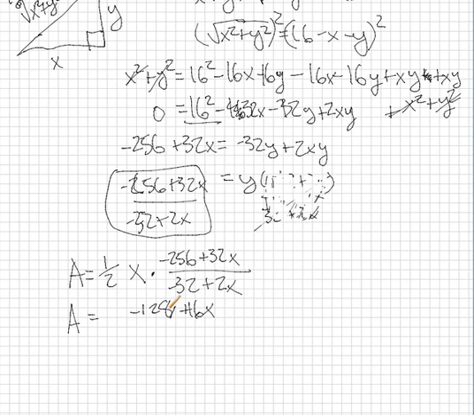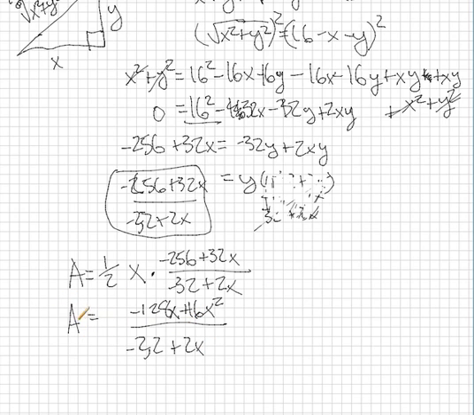And I'm going to multiply x into both of them. So it's going to be negative 128x plus 16x squared. We'll leave the bottom the same, because then we just canceled out the 2. So it's going to be negative 32 plus 2x. So this is our area formula for the triangle.